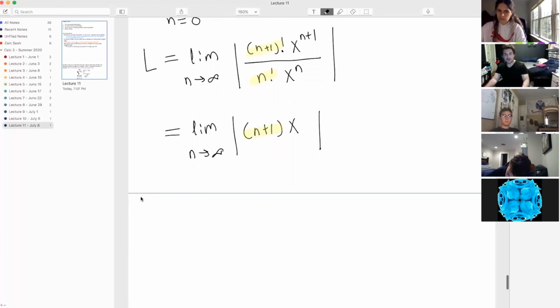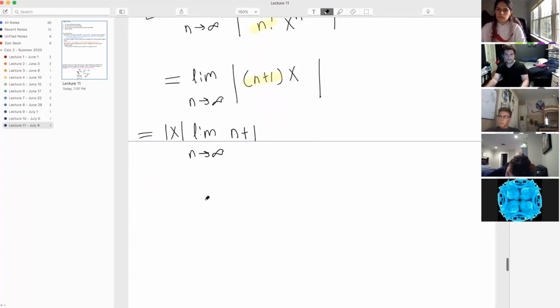Good, so now let me pull out that absolute value of x. So this would be absolute value of x times the limit as n goes to infinity of n plus 1. And what does this limit evaluate to? Well, this limit is infinity.